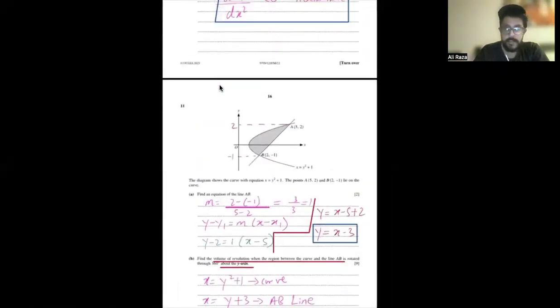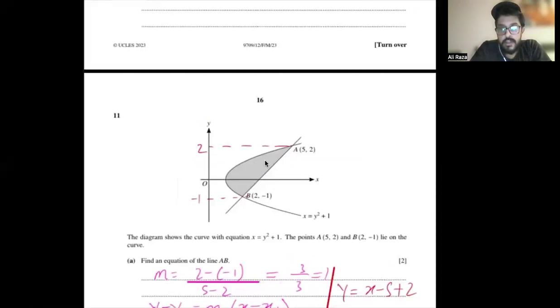Now to find the volume between these two, we'll need to subtract the volume by the curve from the volume by the line.